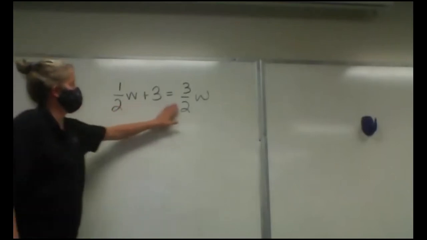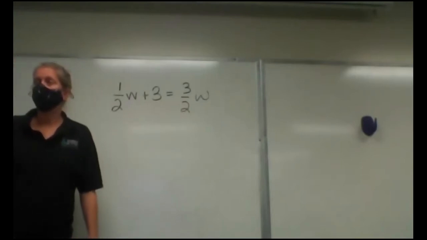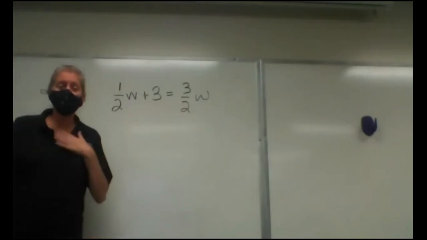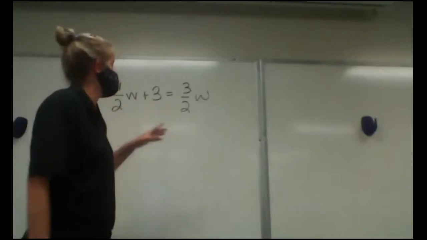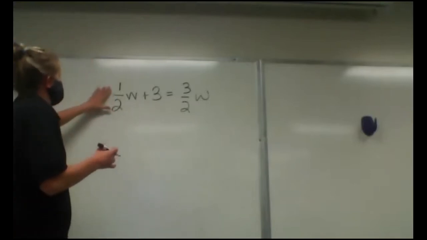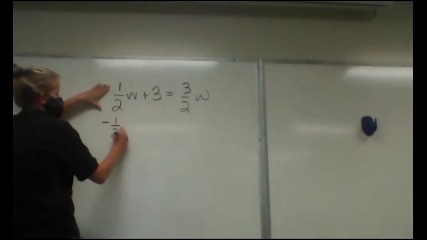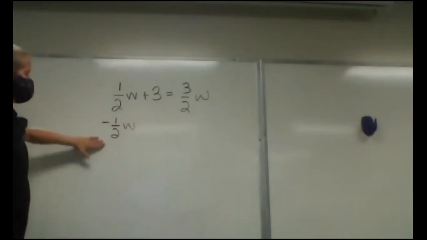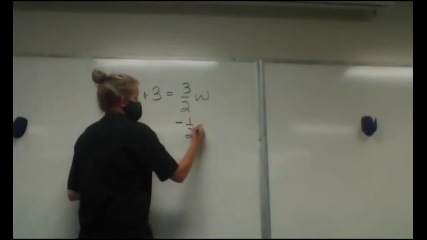So again, I've got W's on both sides, which means I'm going to get rid of the small one. And I like to get rid of the small one just because it makes my W's stay positive. So if I'm going to get rid of this 1/2 W, I need to cancel it out by subtracting it. If I subtract it here, I've got to subtract it here.